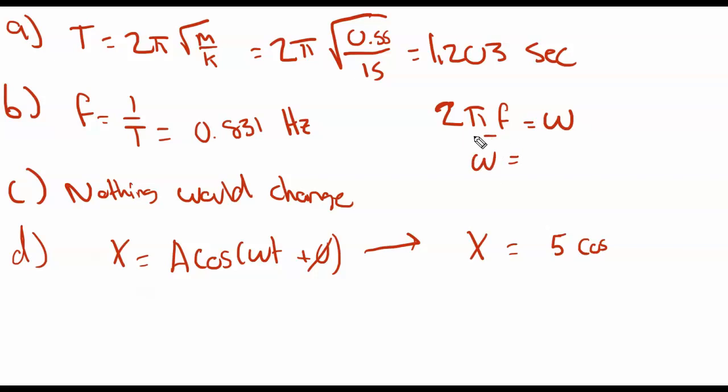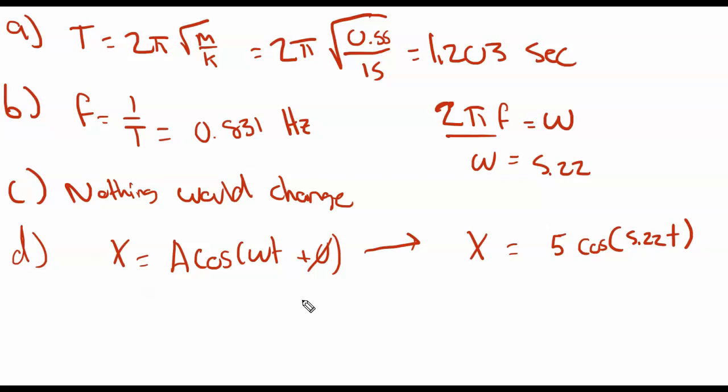So using this equation, I can calculate the angular frequency by taking the frequency which I found for part B and multiplying by 2 pi. So 2 times pi times 0.831 gives me an omega of approximately 5.22. So in the parentheses I have 5.22 times t, and phi is equal to 0.